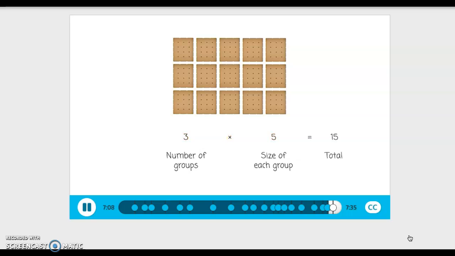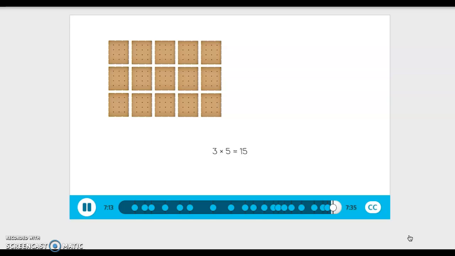Three groups of 5 makes a total of 15 graham crackers. Now let's represent the array and equation using a number bond.